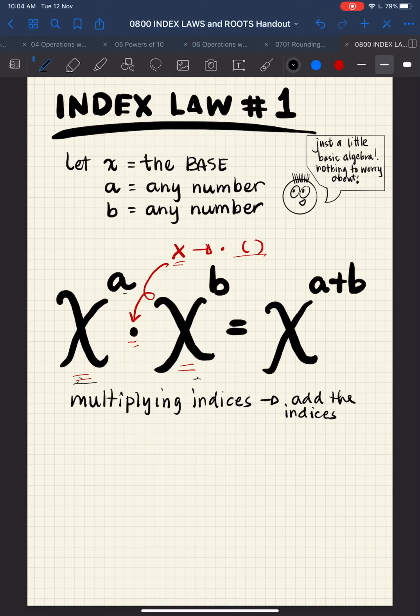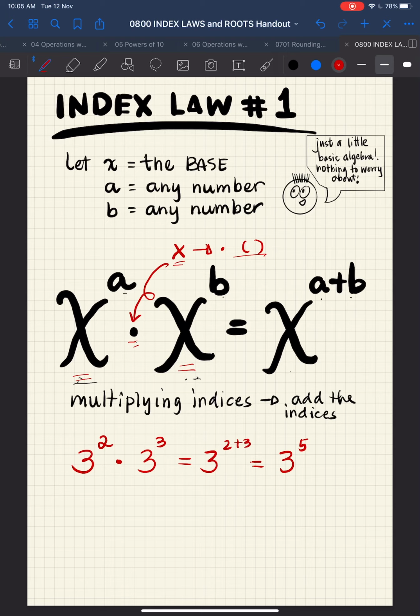So x to the a power times x to the b power equals x to the a plus b power. Let's give an example. For example, I have 3 to the second power times 3 to the third power. That will be equal to 3 to the 2 plus 3 power, which is equal to 3 to the fifth power.